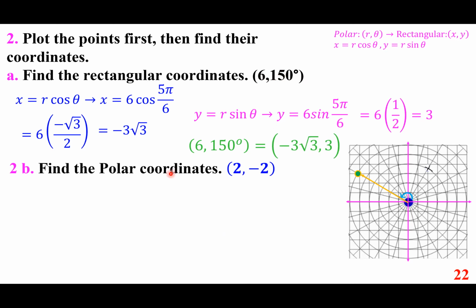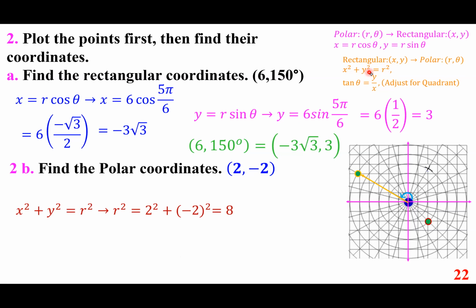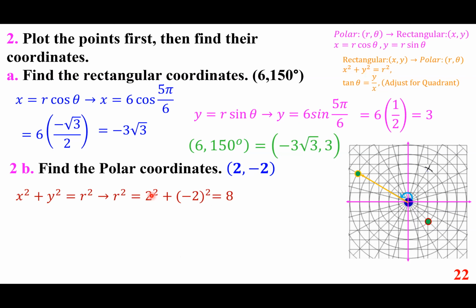We want to find the polar coordinates for x, y: 2, -2. So let's locate that. To go from rectangular to polar, first we need to calculate r. So x squared plus y squared is r squared. As you know, this is 2 squared, which is 4, plus -2 squared, which is 4, 8. And the square root of 8 is 2 square root of 2.